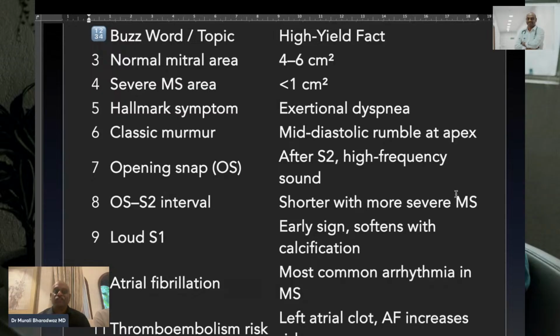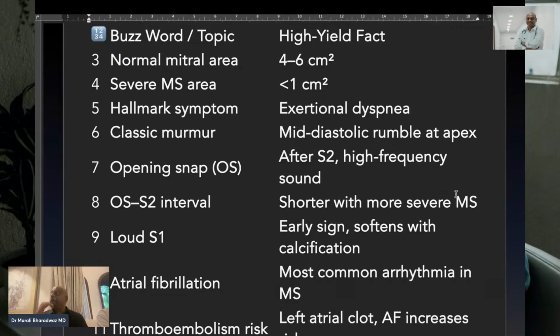So, opening snap typically occurs when the mitral valve opens. When will it open? After the closure of the aortic valve. That leads to the second heart sound. After the second heart sound, what happens is diastole. Closure of aortic and pulmonic valves lead to S2. After S2, the mitral valve opens and blood flows from atrium into ventricle.